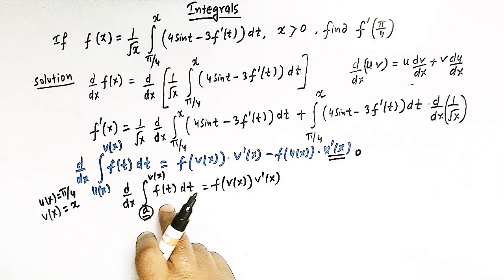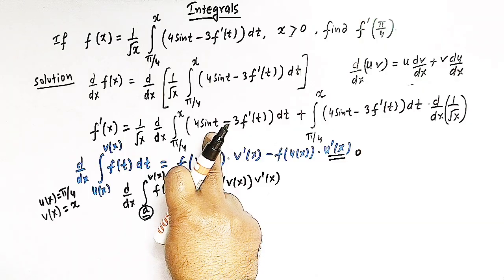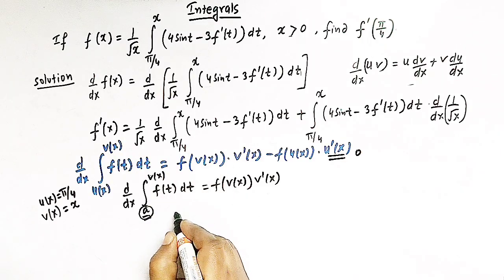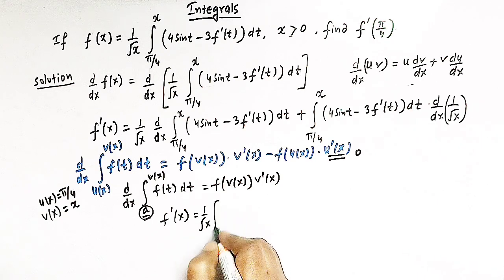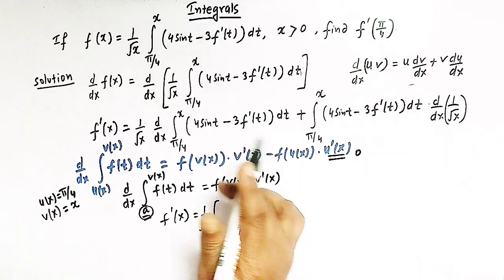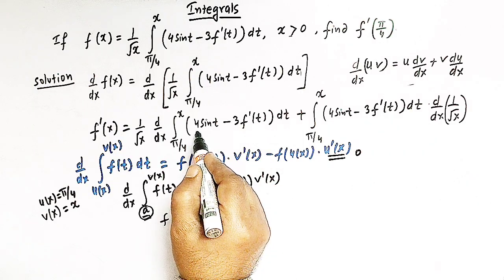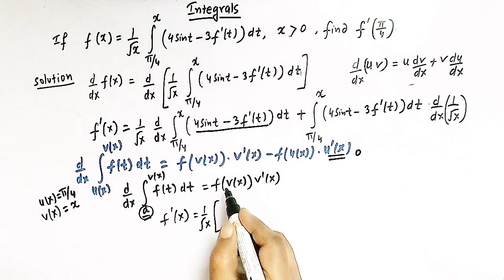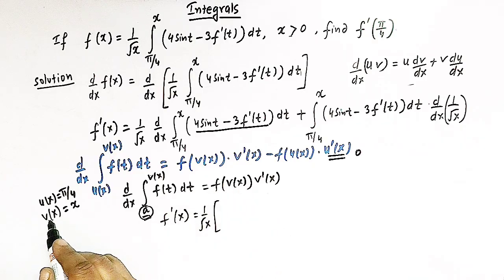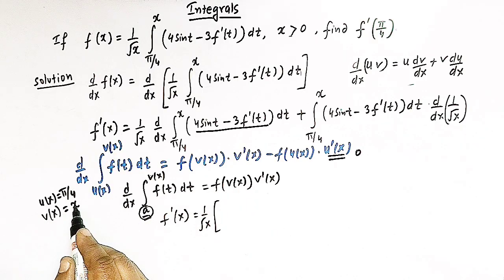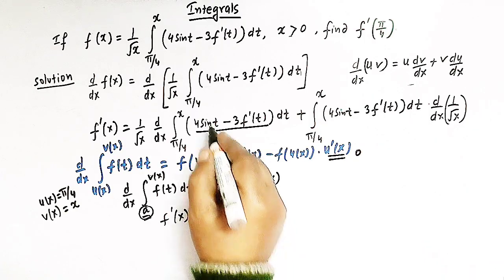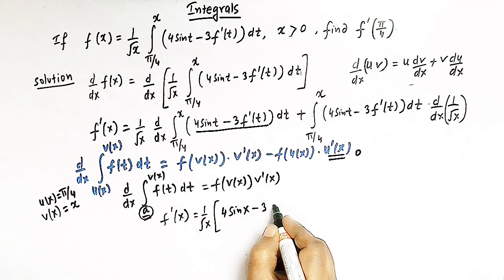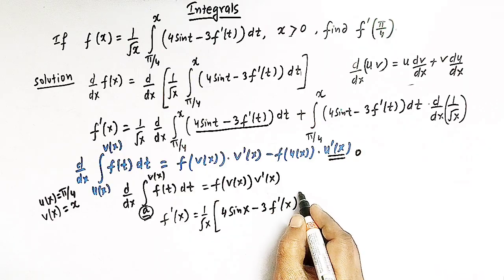Okay, so now let us apply this rule to this integral. We have here f'(x) given by 1 over root x, and then we have f(v(x)). For f(t) we have this entire expression, so f(v(x)) implies f(x), because v(x) is x, so we have simply 4 sin x minus 3 f'(x), right?